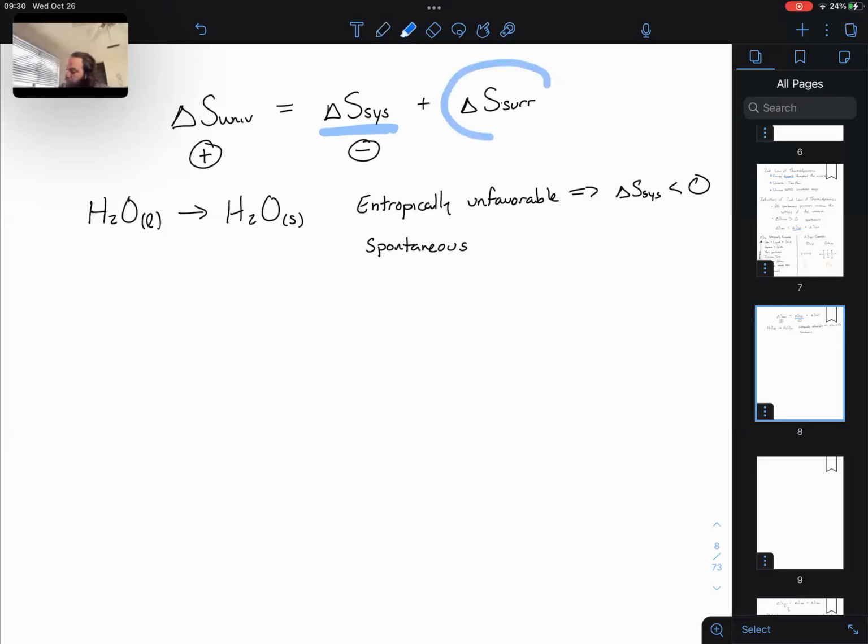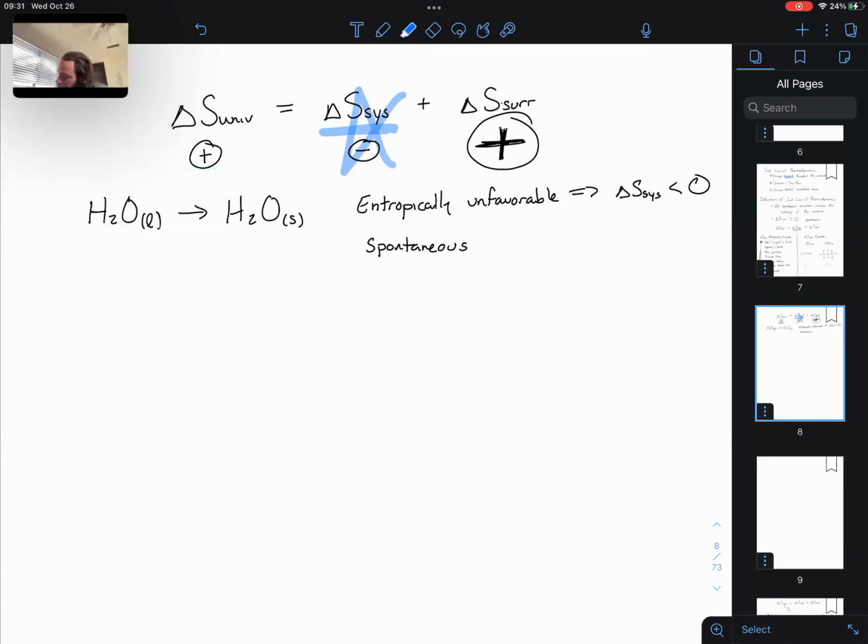Well, we have this other term over here, the delta S of the surroundings. If the delta S of the system is negative, that's fine as long as the delta S of the surroundings is a large positive value. Then it can overcome the negative effects of the system and result in a still positive entropy of the universe.